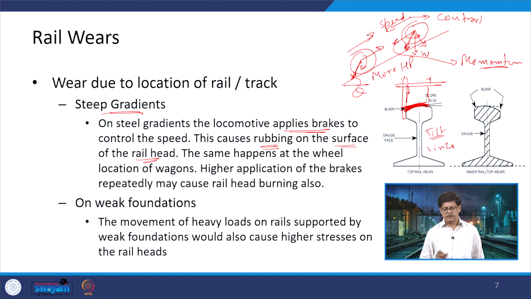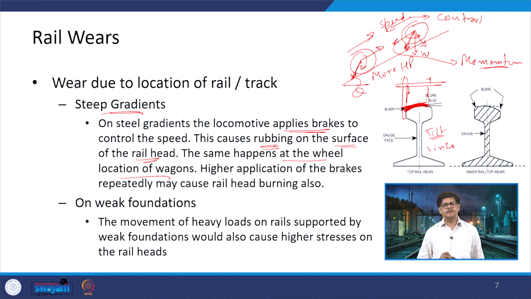In the last lecture also I did talk about it, wherein I said in the case of Nilgiri's railways, where we are going to Uttarakhand, even in the case of wagons the brakes have been provided, because there are so many steep gradients provided in that area on that track.